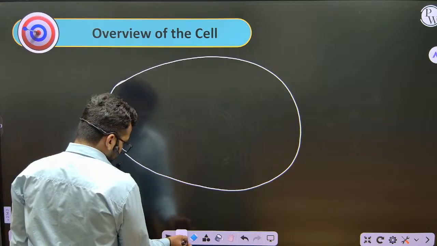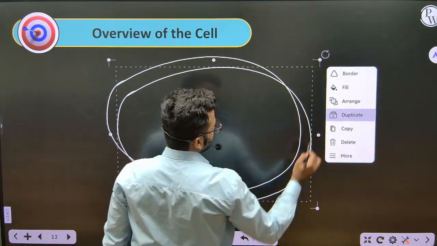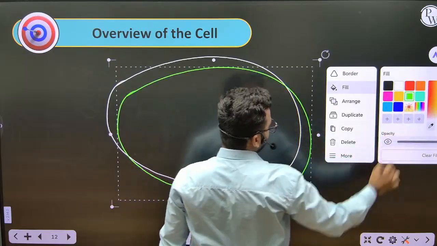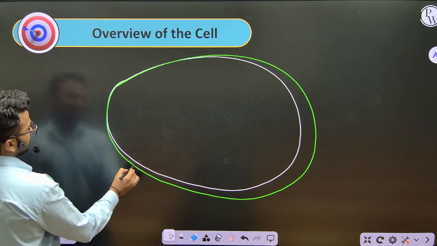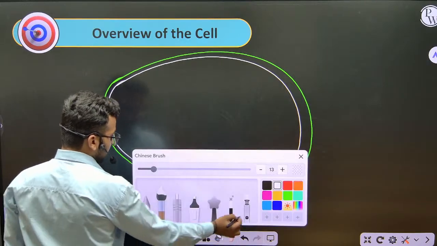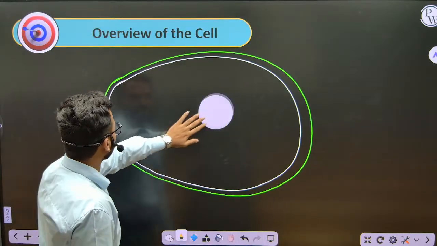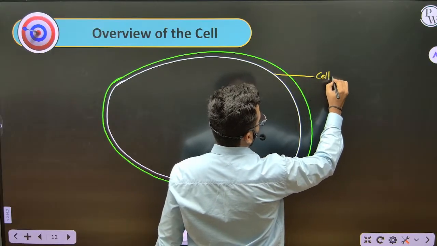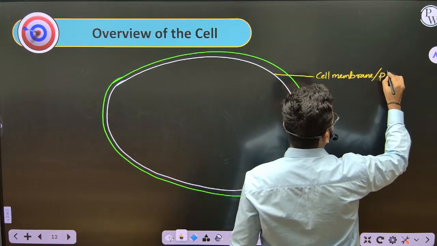Next, if it is a plant cell, there will be an extra layer upon this, which we call the cell wall. Initially there was one membrane covering the whole plasma, which we call the cell membrane.